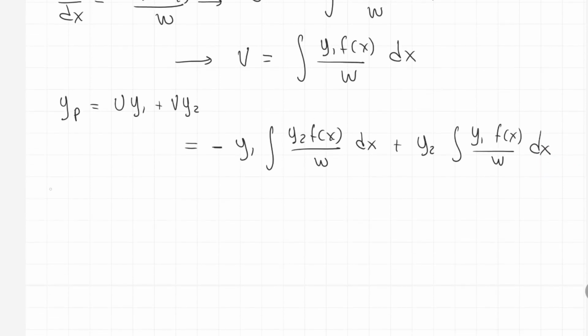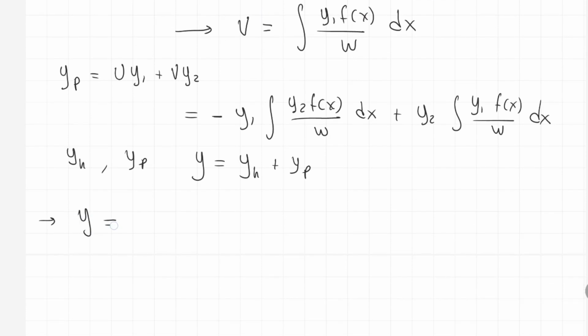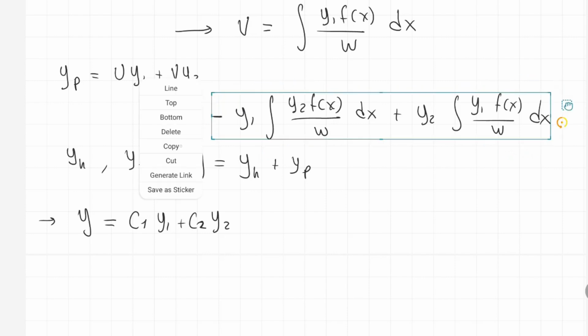Okay, and recall that when you find the homogeneous solution and the particular solution, the complete solution is going to be equal to the sum of these two, y sub h plus y sub p. So y is going to be equal to c1 y1 plus c2 y2, and then plus y sub p, so that is going to be this expression over here.